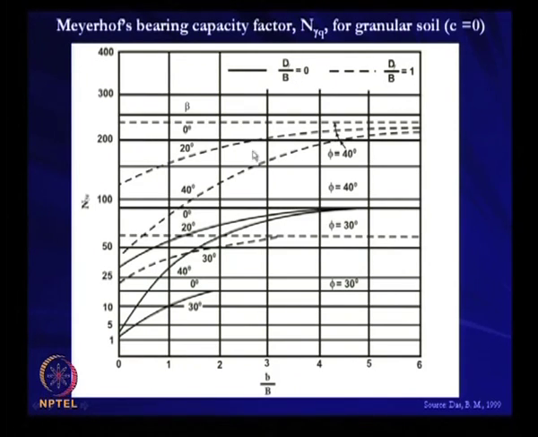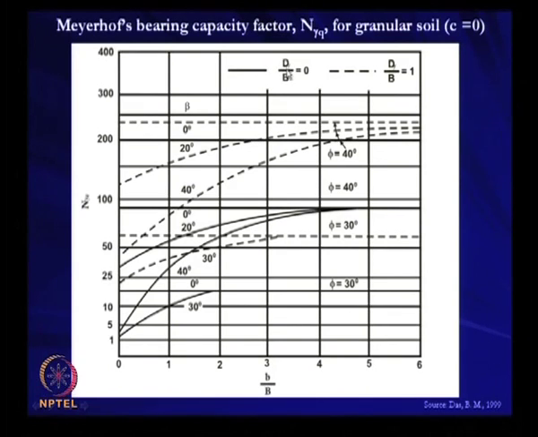The dotted line represents DF by B equal to 1, that is the depth of foundation equal to the width of the foundation. The dotted lines are for the case where depth and width of foundation are the same, and these are the beta values from 0 degree. So if phi is 40 degree and beta is 0, this is the line. If we know the small b by capital B value, then N corresponding to phi and beta value.